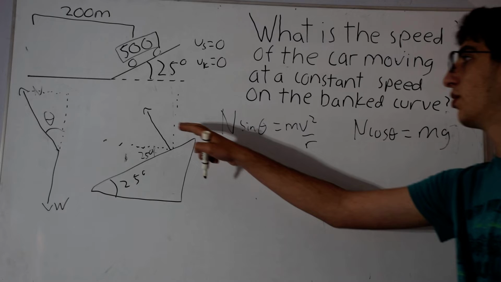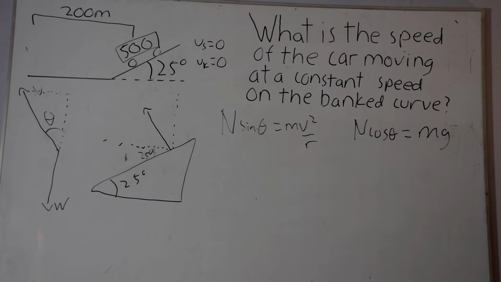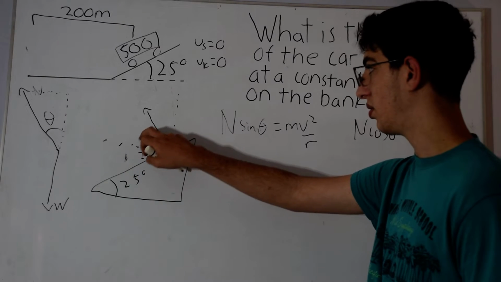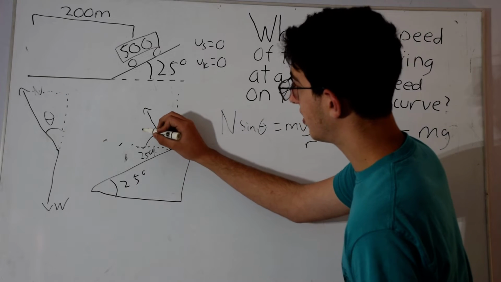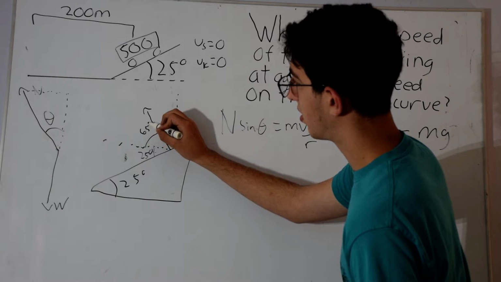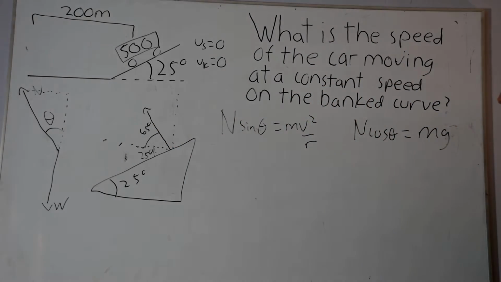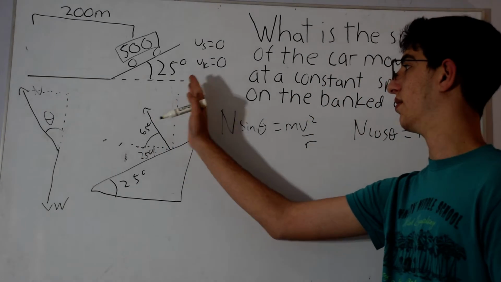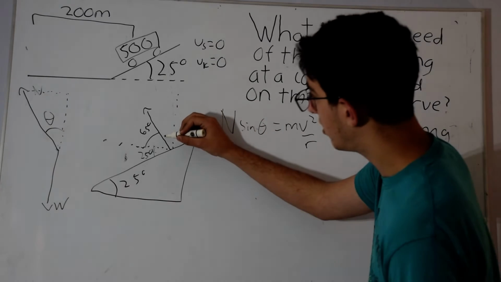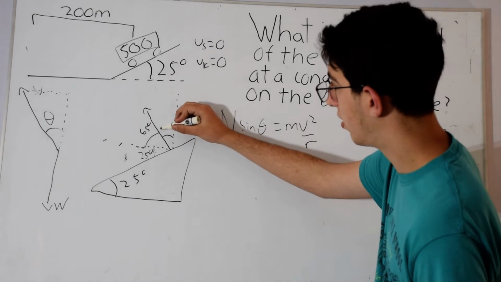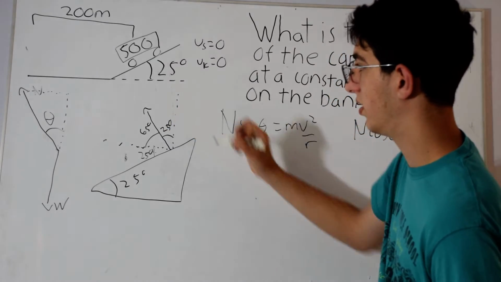And because the normal force is perpendicular to the plane, we know that these two angles add up to 90. So this angle must be 65 degrees. And because the horizontal and the vertical lines are perpendicular, this angle right here must be 25 degrees.